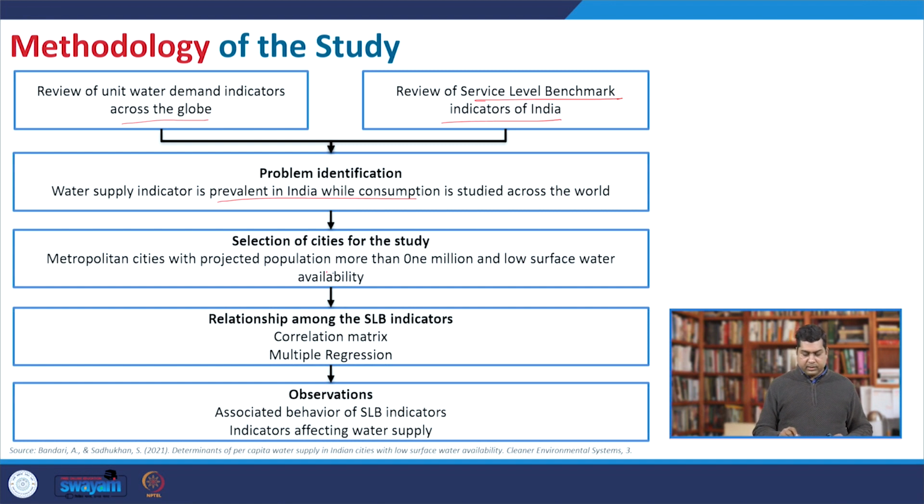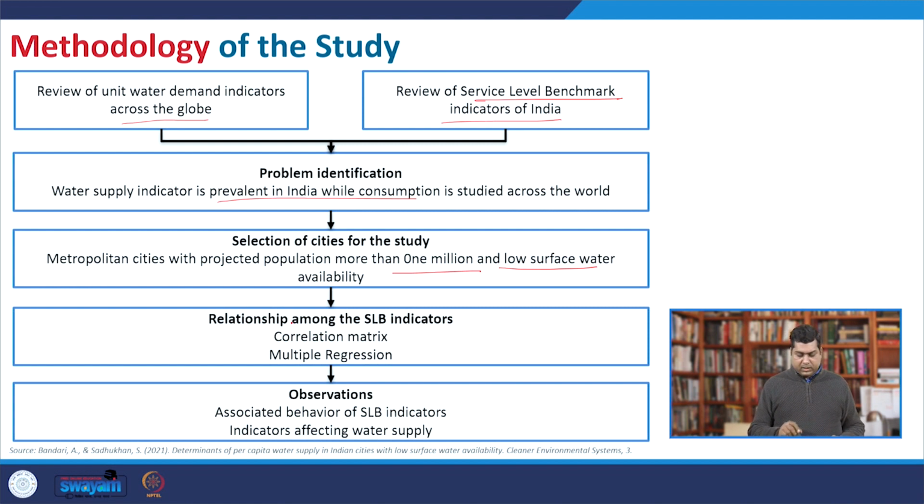Selection of the cities is based on 1 million population and also low surface water. Here we again referred to secondary information, where for the entire India there is a map on low surface water availability, because there might be some relationship that we assumed.